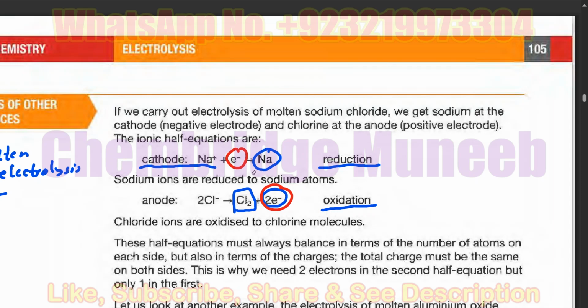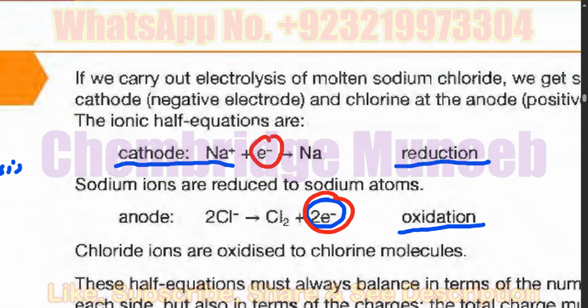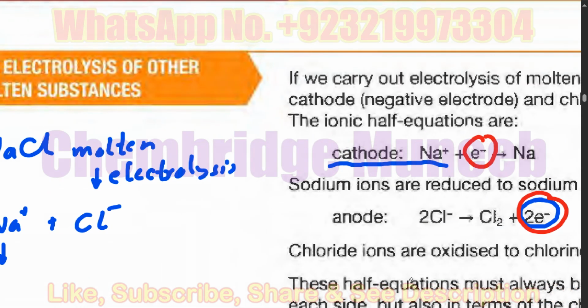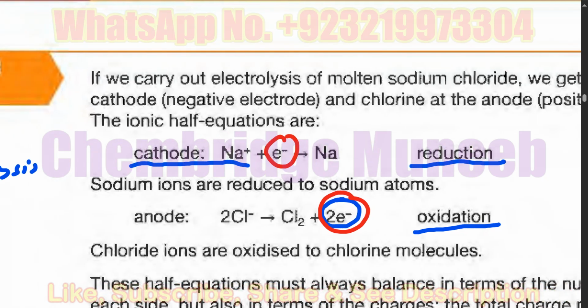What do you mean how I balance them? Balancing the equation in terms of the electrons, like you have to balance the electrons of the reduction with the oxidation. Any clue? I'm not sure.